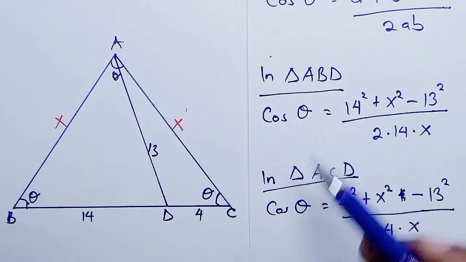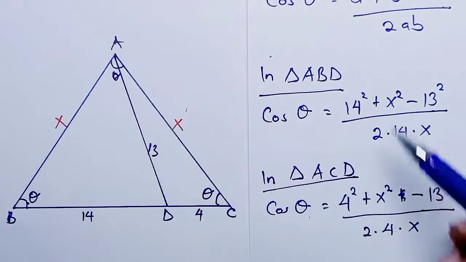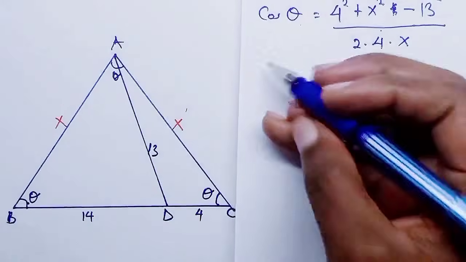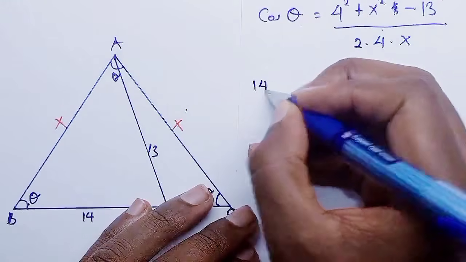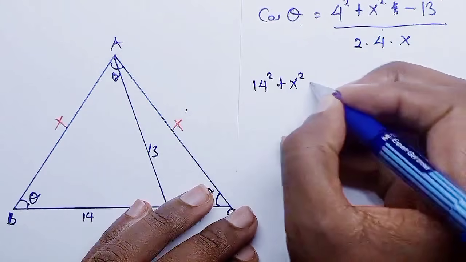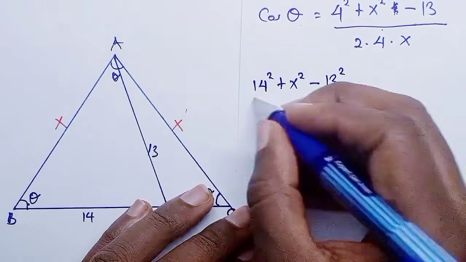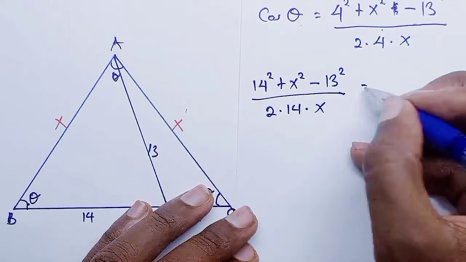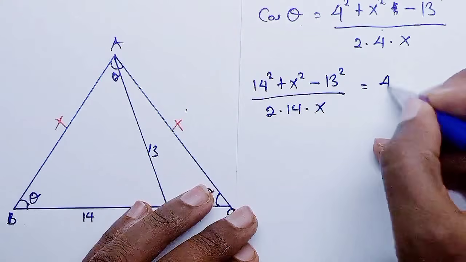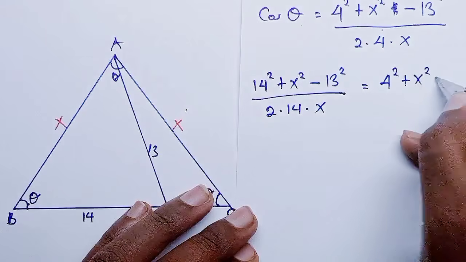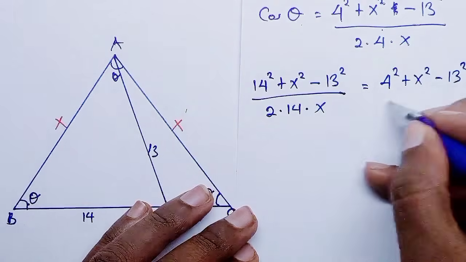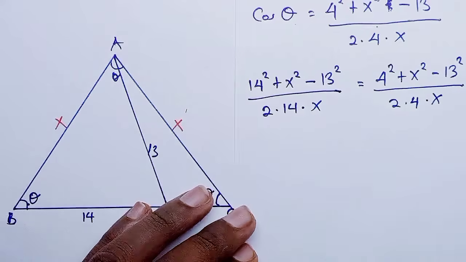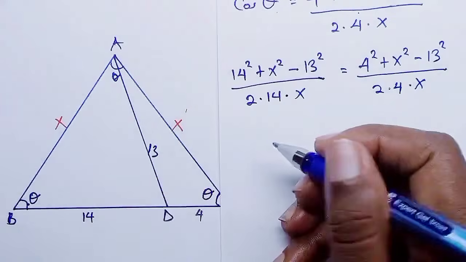Now since this is cos theta and this is cos theta, we shall equate this to this. So we shall have 14 squared plus x squared minus 13 squared over 2 times 14 times x being equal to 4 squared plus x squared minus 13 squared over 2 times 4 times x.